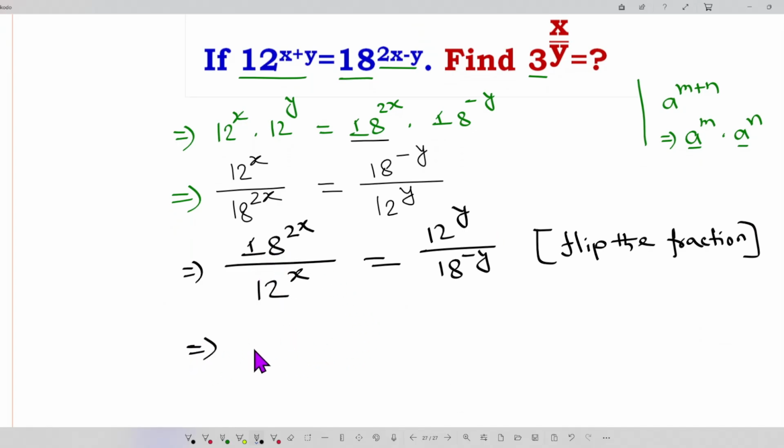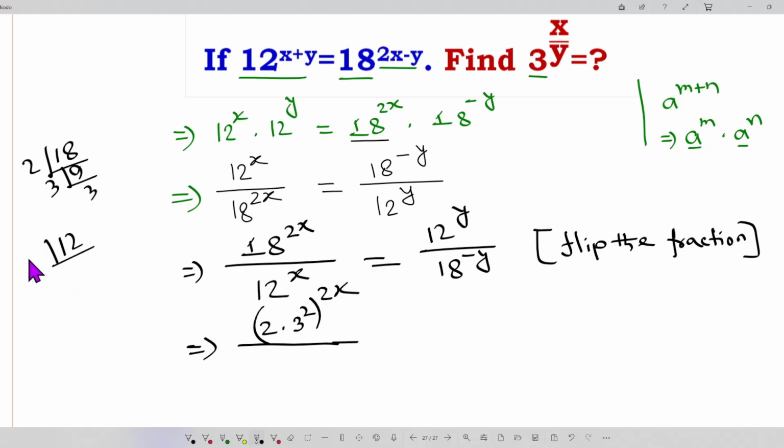Next, this is 18. If we segregate, we can divide 18 by 2, it will be 9. 9 can be divided by 3, right? So first 2 times 3 squared to the power 2x, and this 12 we can write as 2 squared times 3. So 2 squared times 3 to the power x.